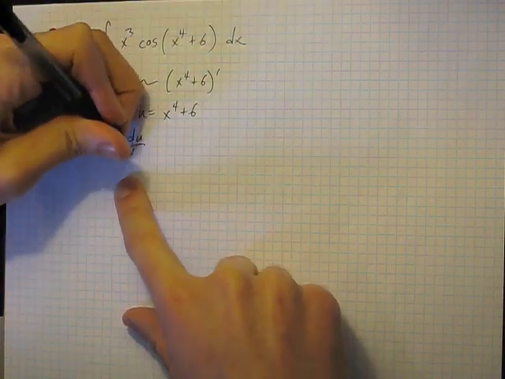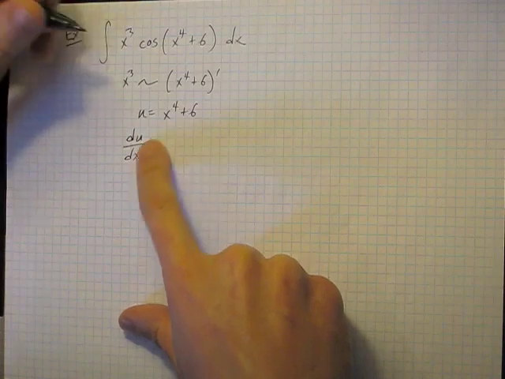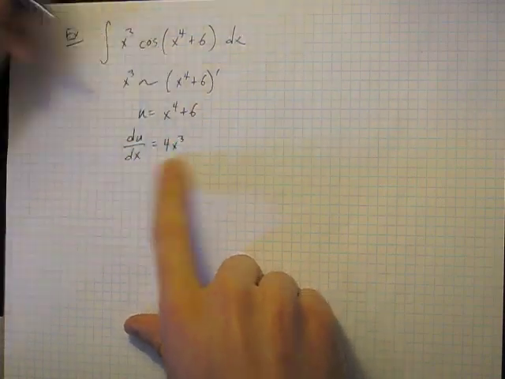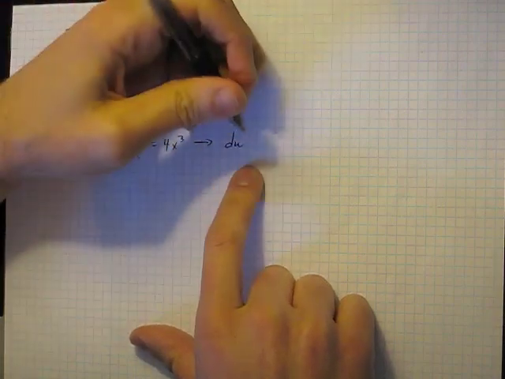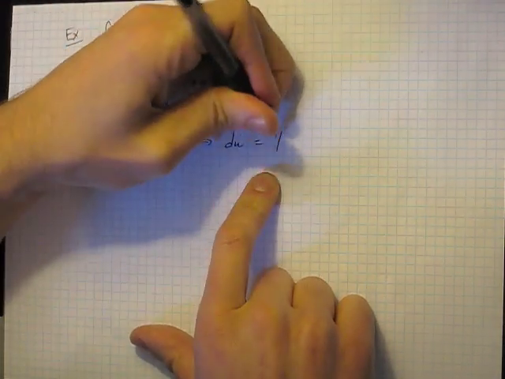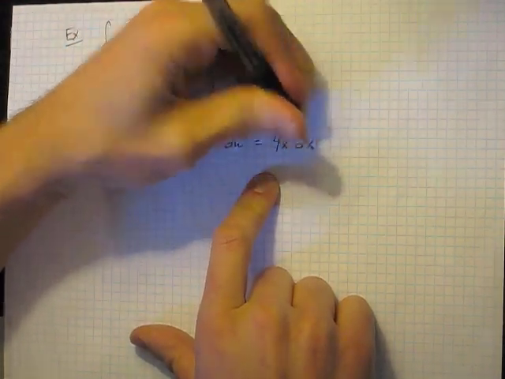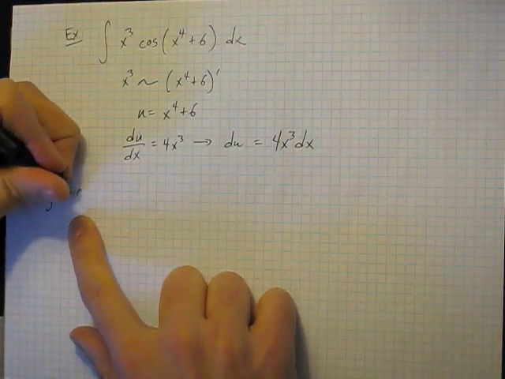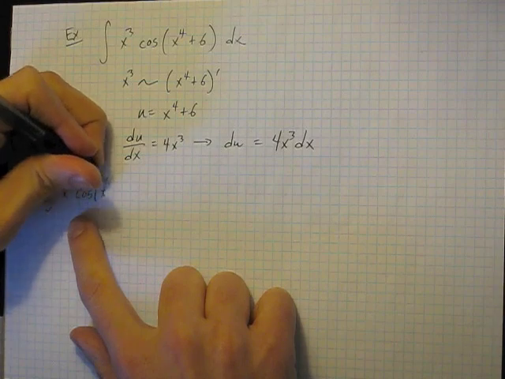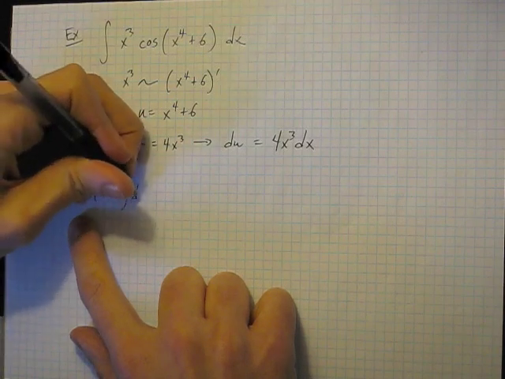We have this process where we take the derivative of this equation and we get 4x cubed, and then we change this equation to help for the substitution technique. So du equals 4x cubed dx, like that. Now we rewrite the integral, x cubed cosine of x to the fourth plus 6 dx.